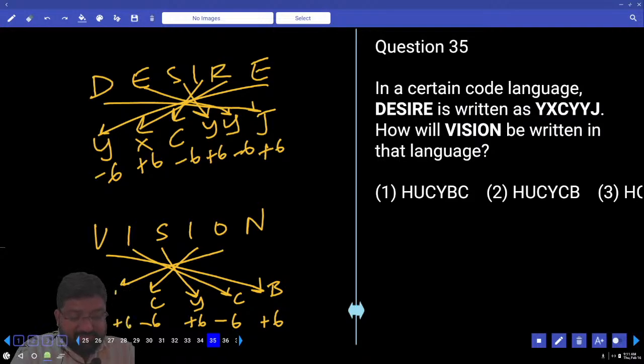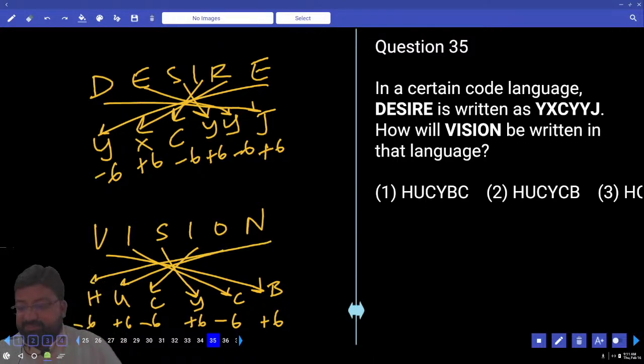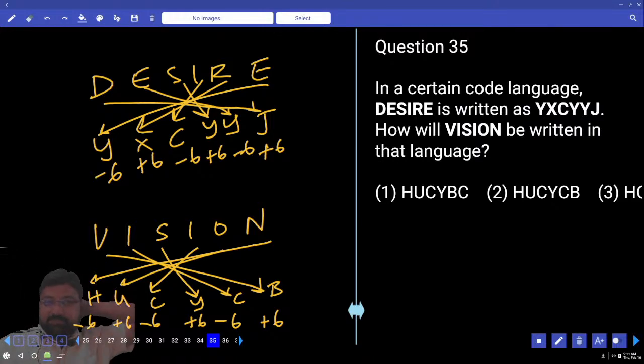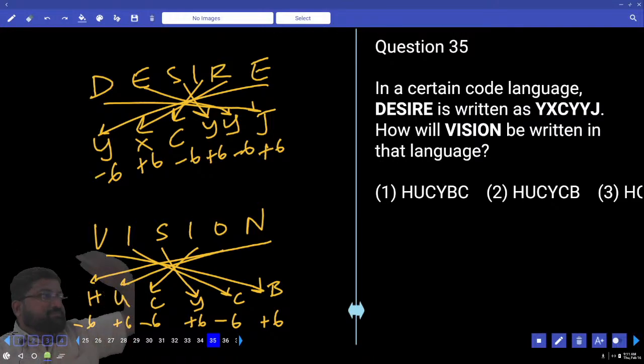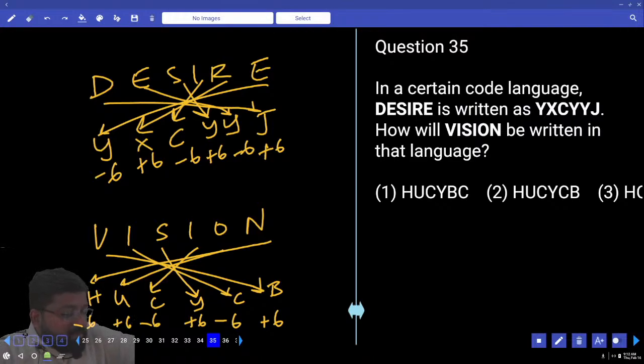What is 21? 14 -6 8. H U C Y C B. Option number 2. Clear? This is how you should build up the question. ఈ రకంగా పోవాలి.